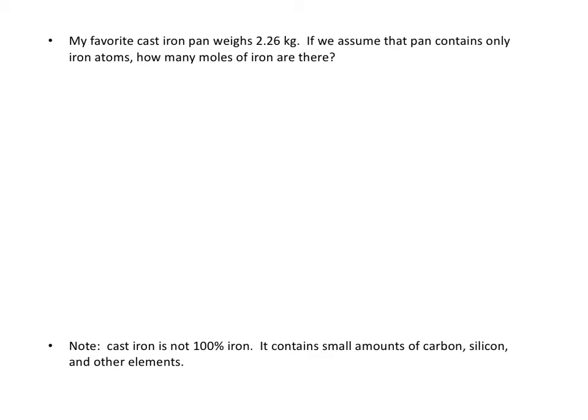So this is iron, it's just an element. And so the molar mass of iron on the periodic table is 1 mole is equal to 55.85 grams of iron. Now you may have noticed another issue. If I had the mass in grams, I could get to moles in just one step.